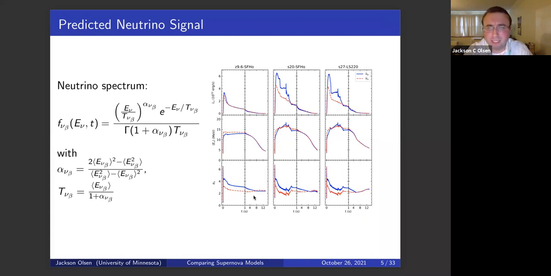This is sort of hard to see, but if I had plotted these on top of each other, you might be able to see that the LS220 has a higher initial luminosity, and then it drops more quickly than the SFHO. So I think that's the main impact that the equation of state is going to have, at least in terms of the luminosities. I've looked at, for instance, Z9.6 LS220 as well as SFHO.